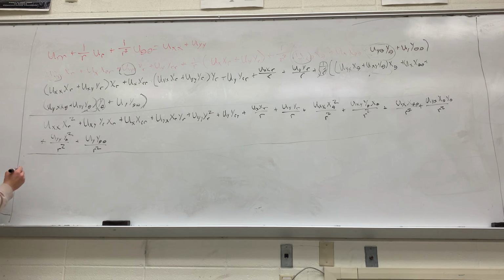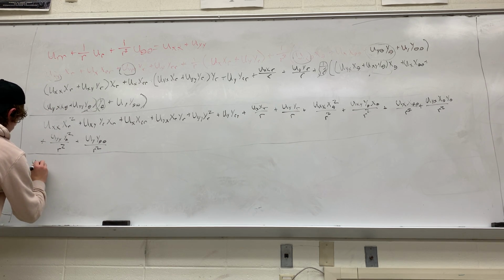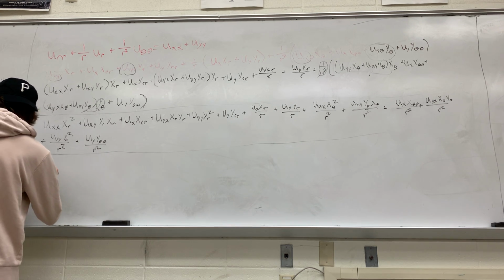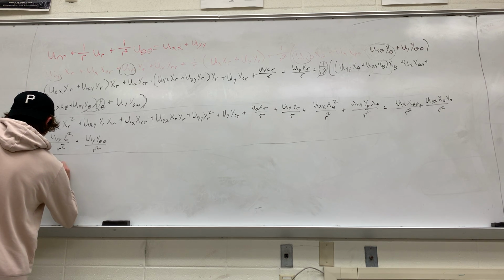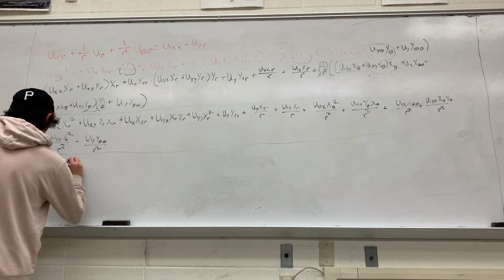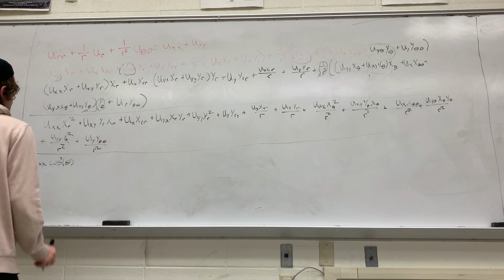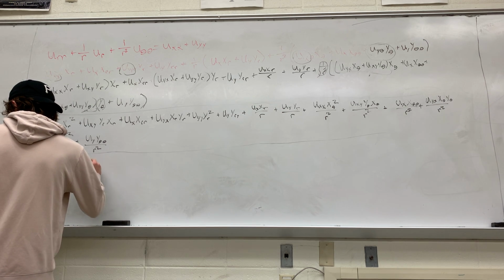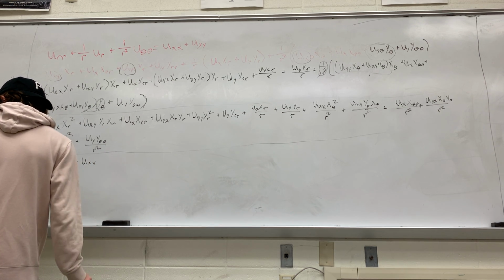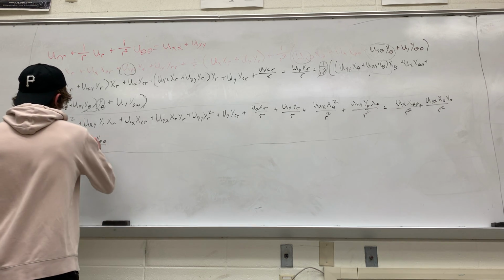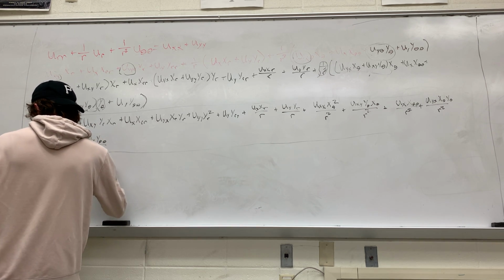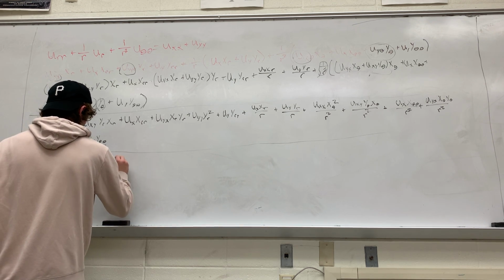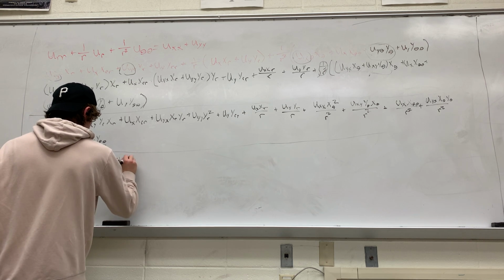So now you'll have u xx times the cosine of theta squared plus u xy times cosine of theta times sine of theta.